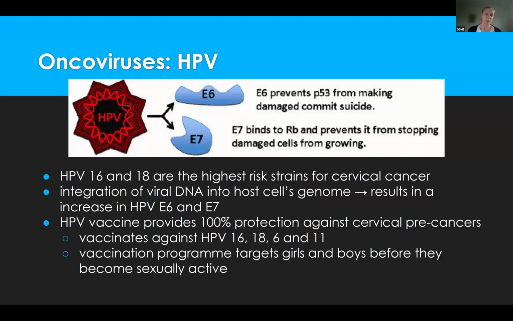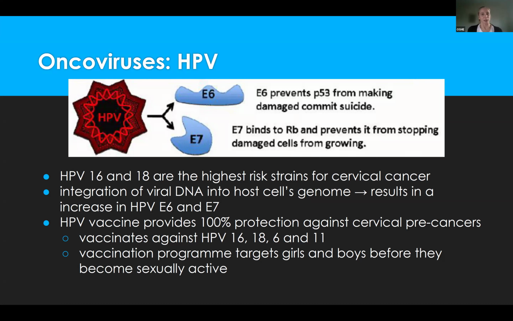But in the case of HPV 16 and 18, what they do is they produce oncogenes E6 and E7, and each one of them interacts with a different tumor suppressor gene. So E6 prevents p53 from promoting apoptosis. Similarly, E7 inhibits the retinoblastoma tumor suppressor gene in a similar way.